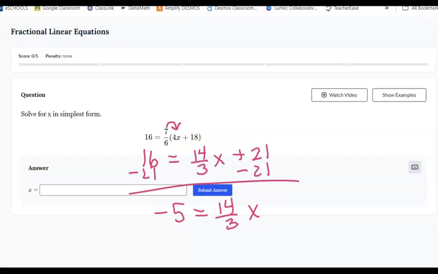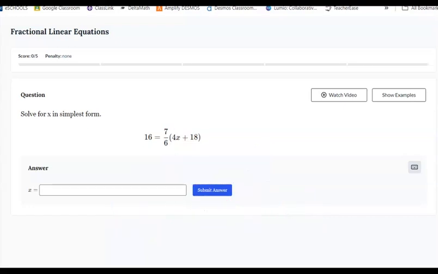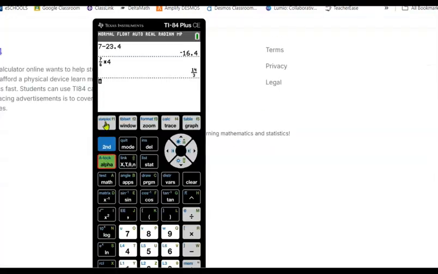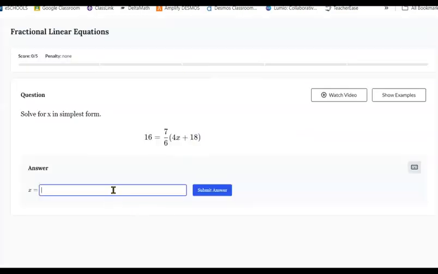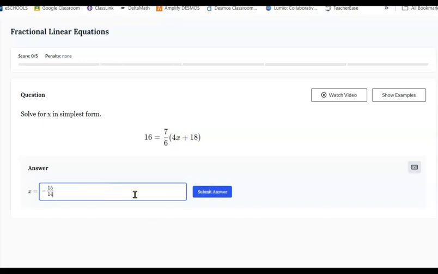When I have a fractional coefficient, I choose to multiply both sides by the reciprocal, like this, instead of dividing by a fraction. So I'm going to get 3/14 times negative 5, and I get -15/14. And that's how I'm going to write my answer, -15/14, just like that.